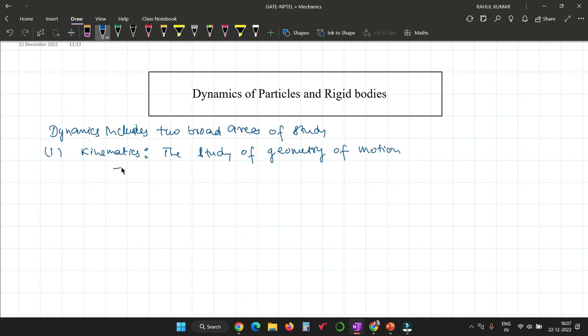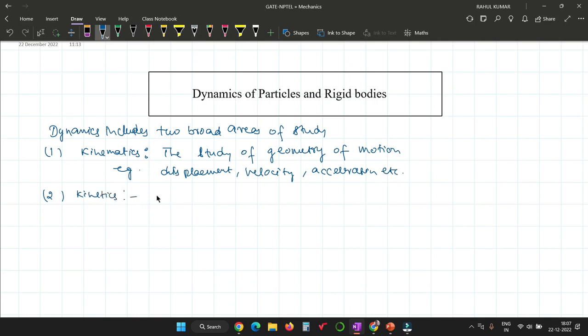Geometry of motion, for example, displacement, velocity, acceleration, etc.